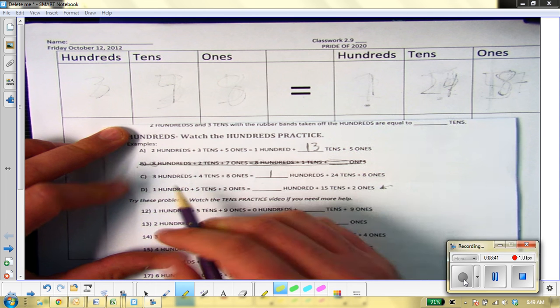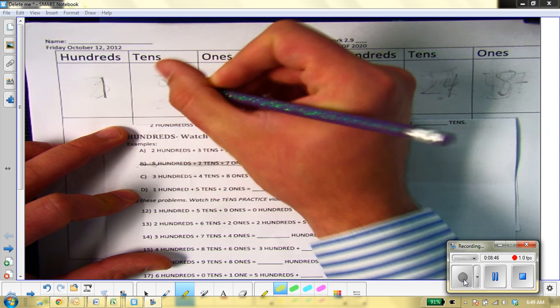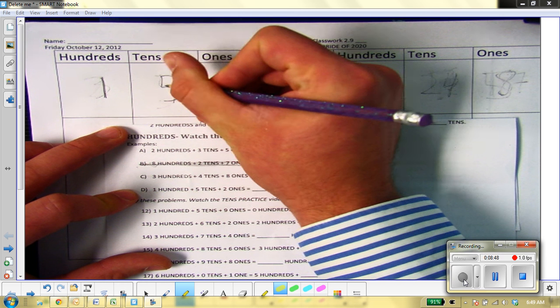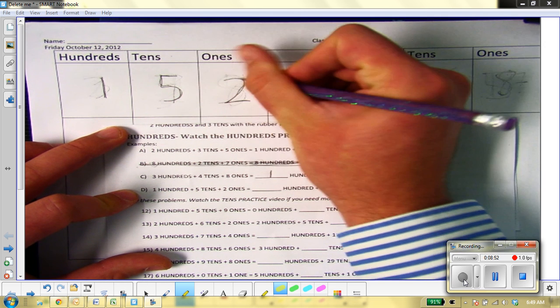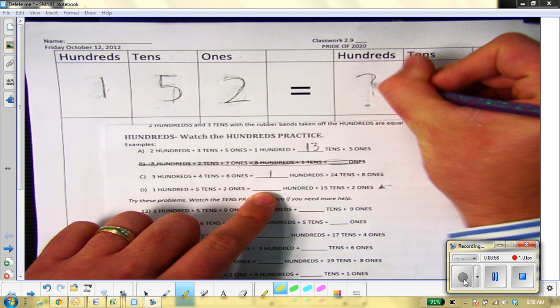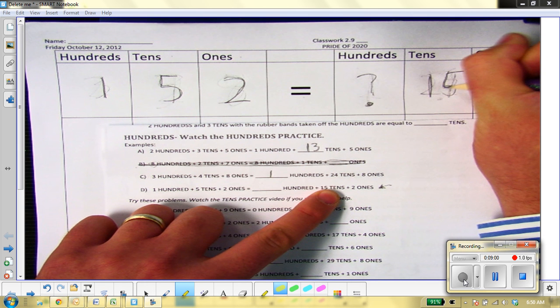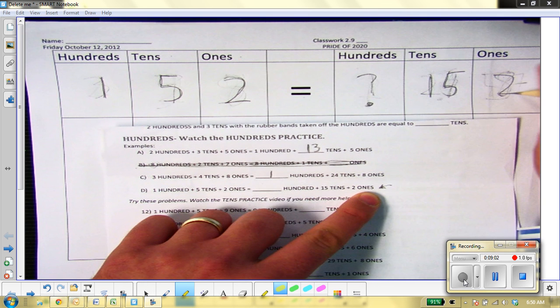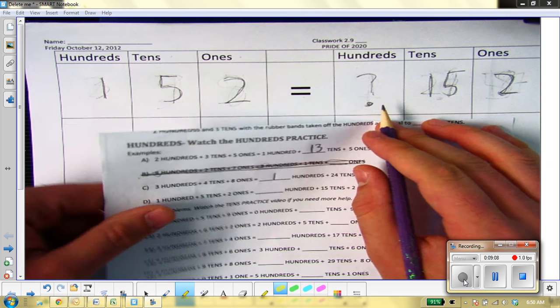First, I write down the numbers in the boxes. 100s, 5 tens, and 2 ones. Question mark hundreds, 15 tens, and 2 ones. Then I make my piles.